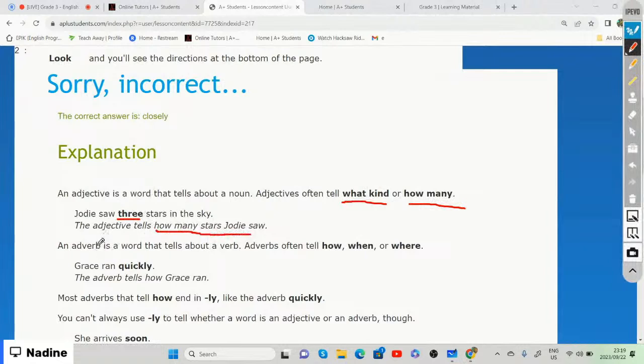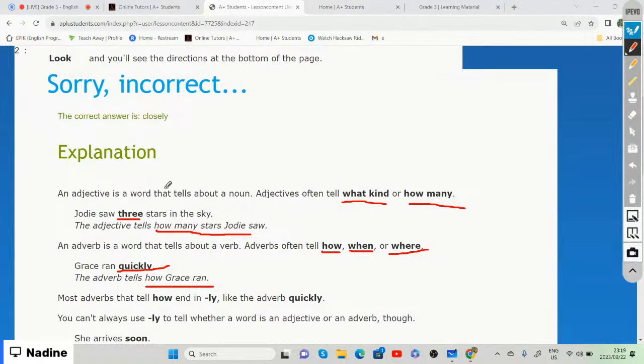An adverb is a word that tells about a verb. Adverbs often tell us how, when, or where. For example, Grace ran quickly. The adverb tells us how she ran. She ran quickly. And usually adverbs that end in ly tell us how.